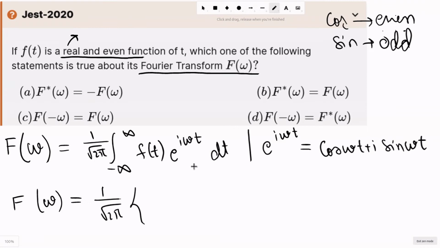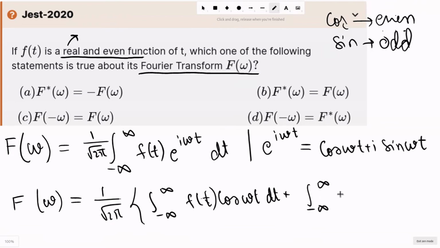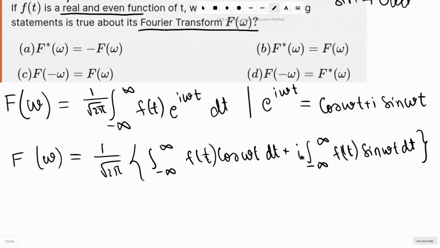So what I get here is integration minus infinity to infinity f(t) cos omega t dt plus i times integration minus infinity to infinity f(t) sine omega t dt, and i is the imaginary number.